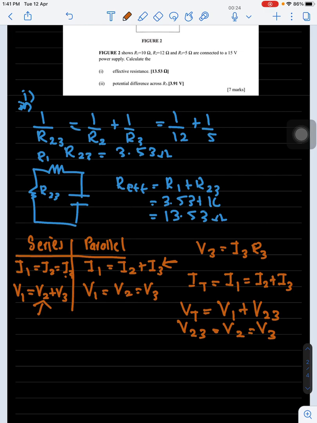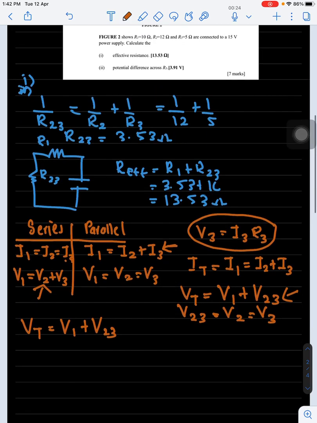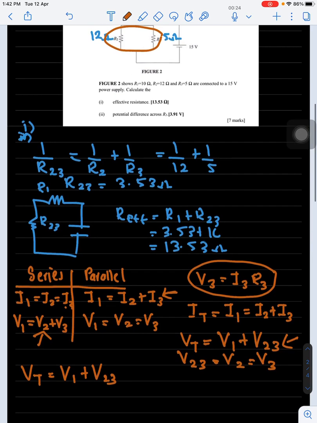So in order for us to find the value here, we need to find V23. Okay, so V23 is from this equation: V total equals V1 plus V23. V total is 15 volt. V1, we need to find V1 first.